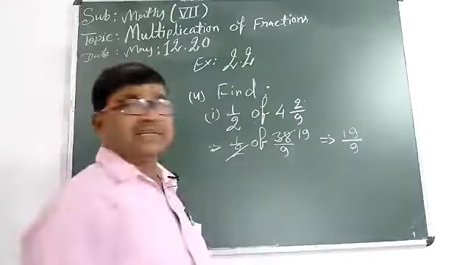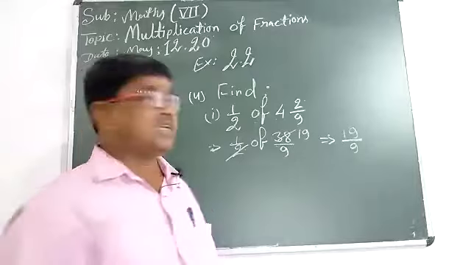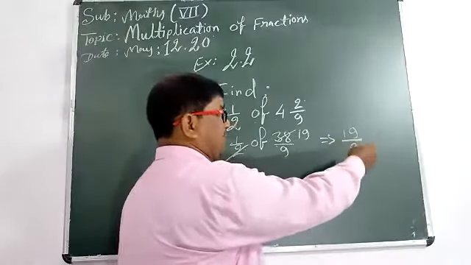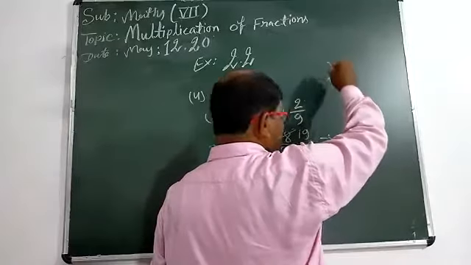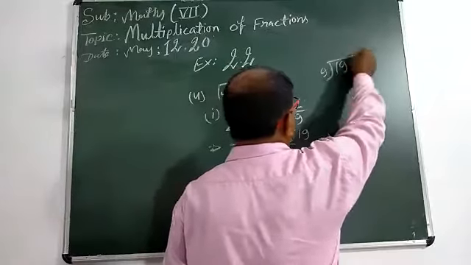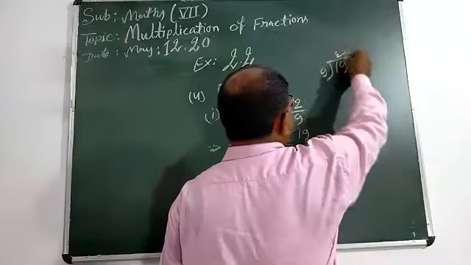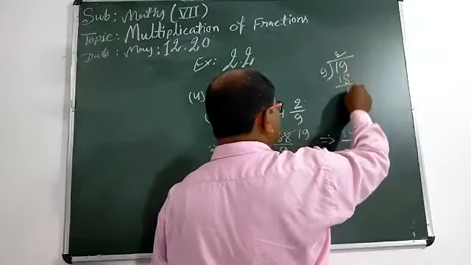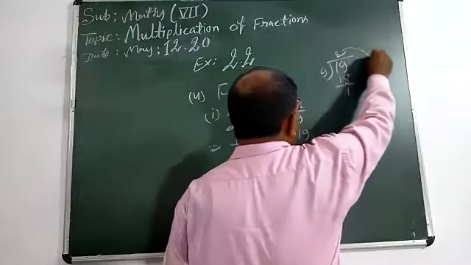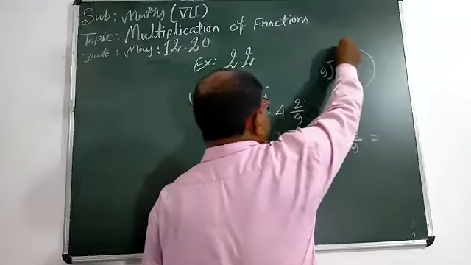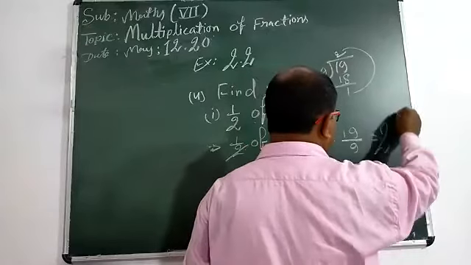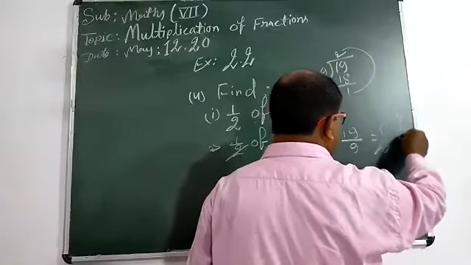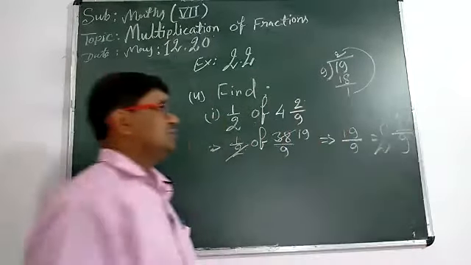But this fraction is improper. Now we will divide 19 by 9. 9 2s are 18, remainder 1. Now you should write 2 whole number 1 upon 9.